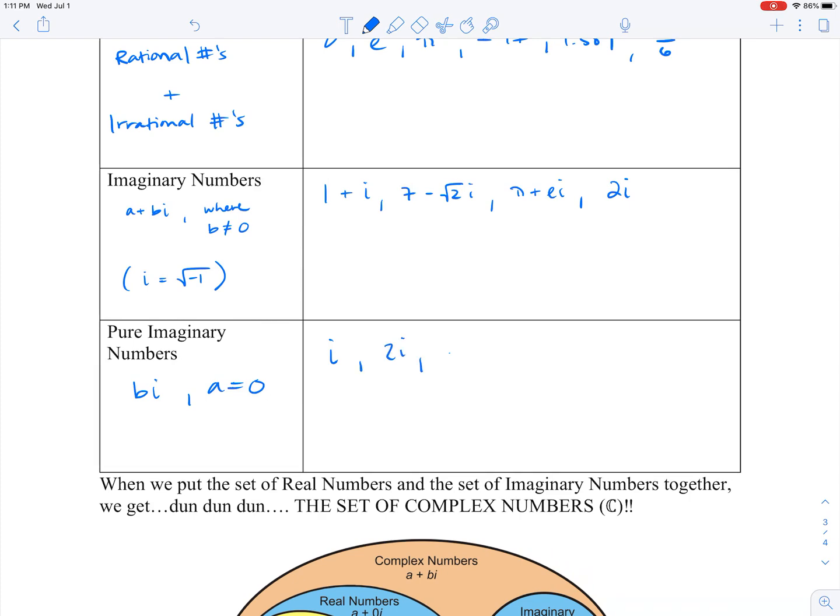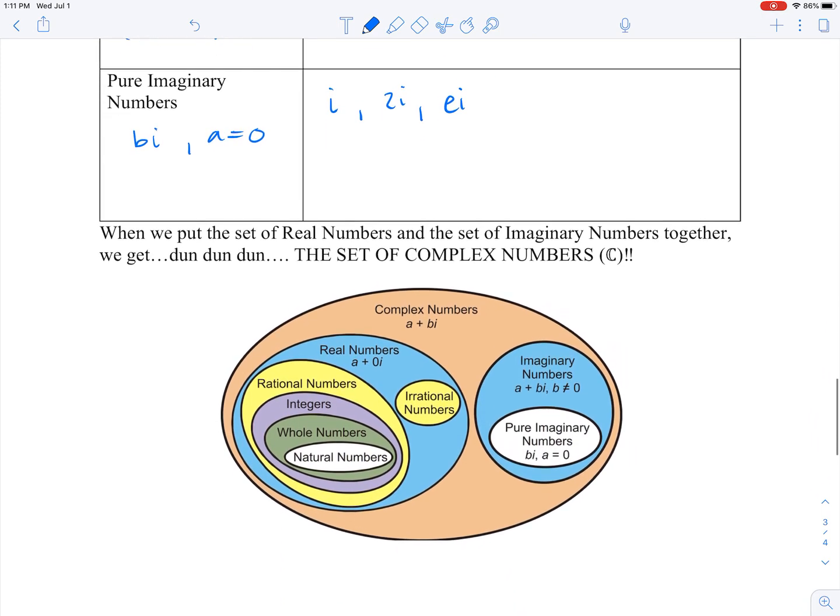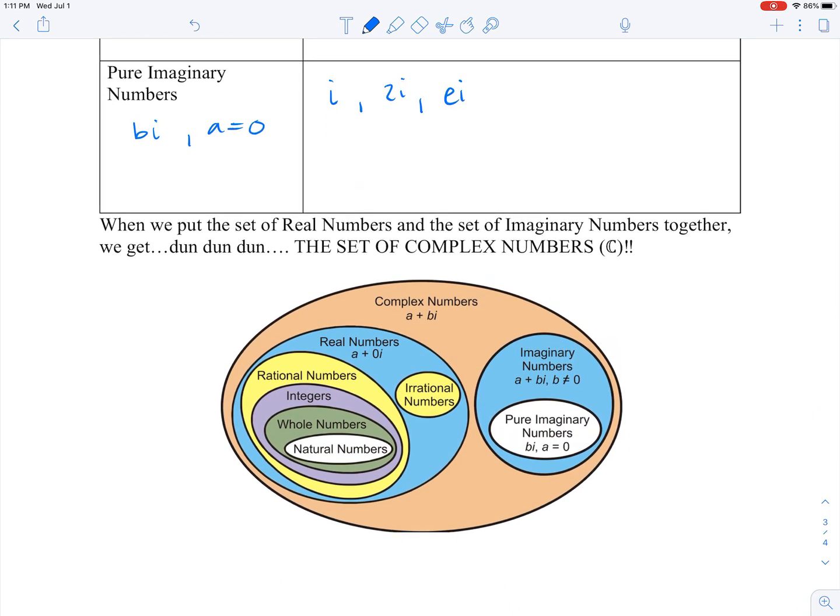So those that are in the form of bi, so where a is equal to 0. So like i would be a pure imaginary number, 2i, e i, pi i, and so on. Those are pure imaginary numbers, and the pure imaginary numbers can be thought of as a subset of the imaginary numbers.